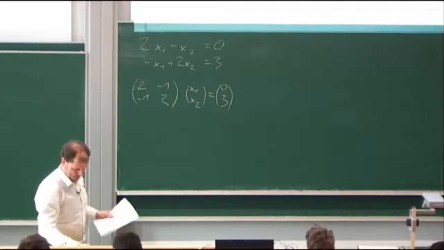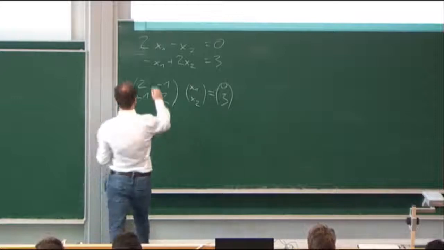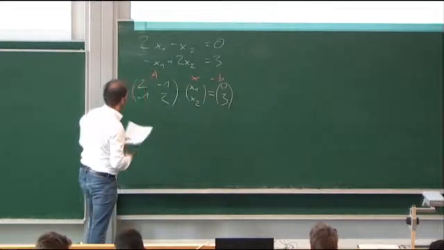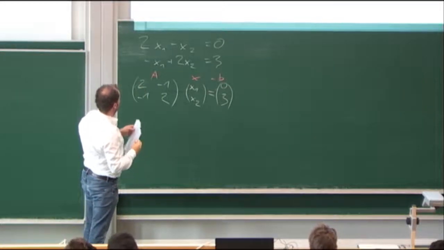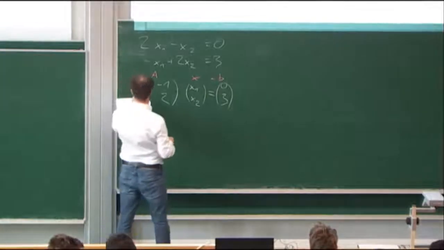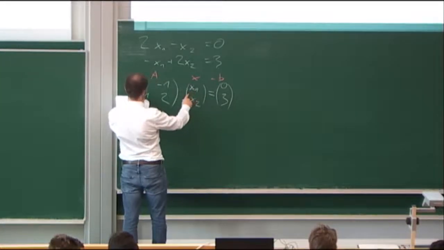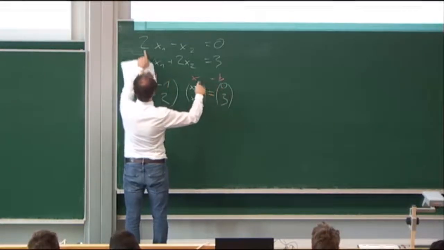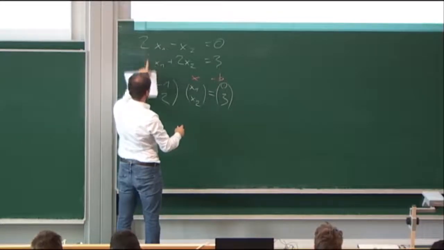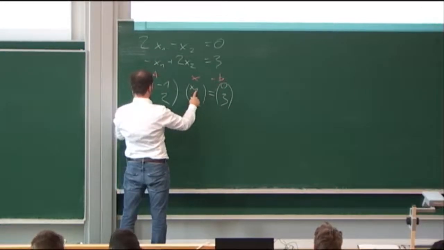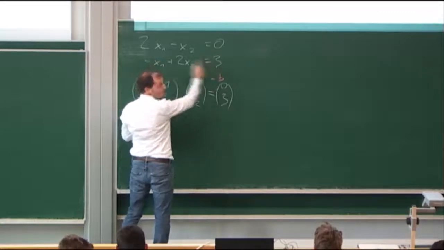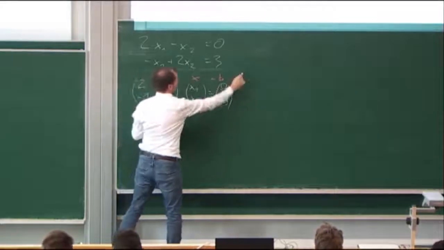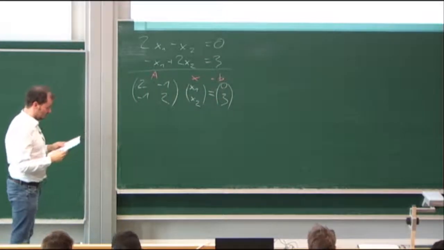Then I put this system of equations into AX equals B. Just by this matrix multiplication, you can easily see that it's the same. It's 2 times x1 minus 1 times x2 is 0, which is exactly this equation here. And minus x1 plus 2 times x2 is 3, which is exactly this equation here. So these are just different ways to write exactly the same thing.